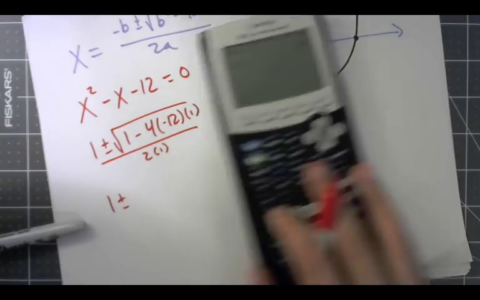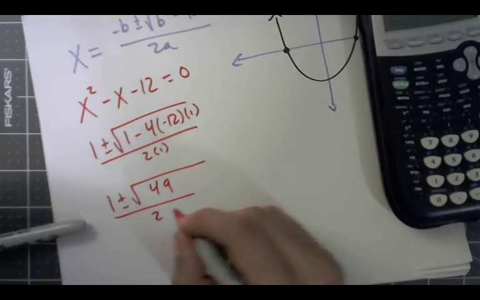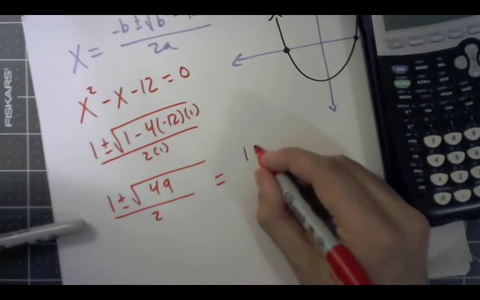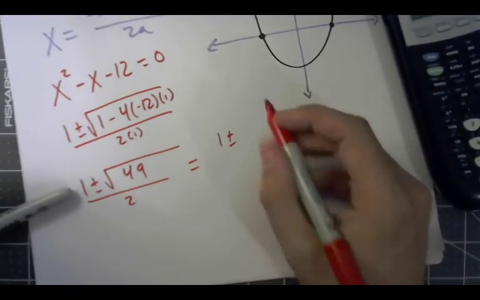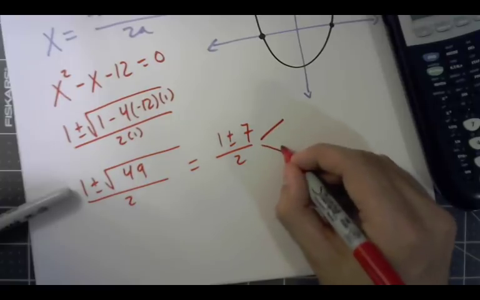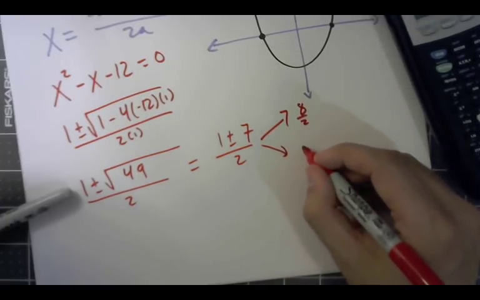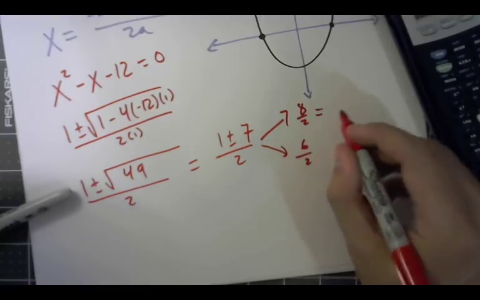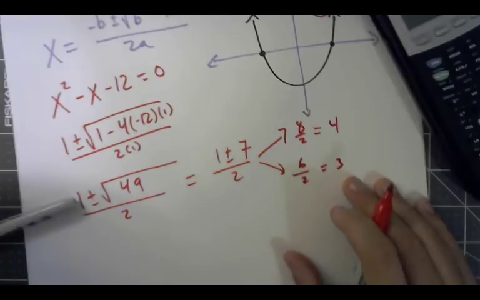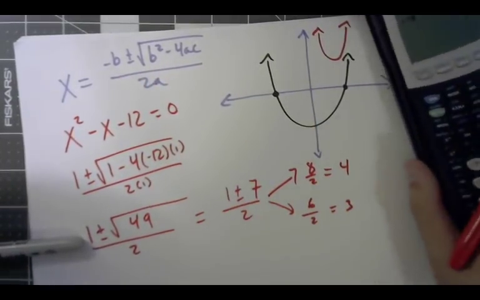Oh, no, plus 48, that's going to be 49. Over 2. We get 1 plus or minus 7 over 2, also known as 8 over 2 and negative 6 over 2. So we have 4 and negative 3. So with the quadratic formula, negative b plus or minus square root, we get our answers.